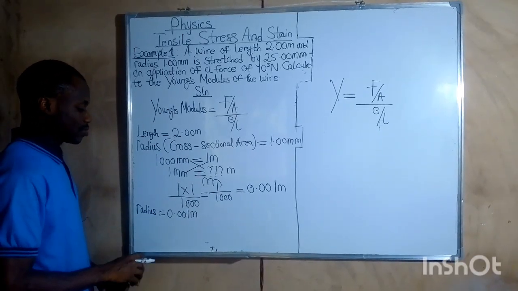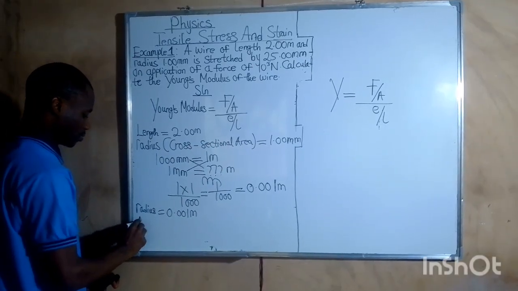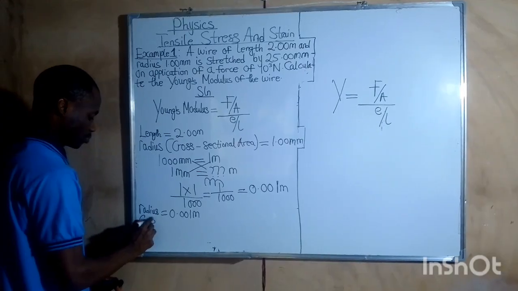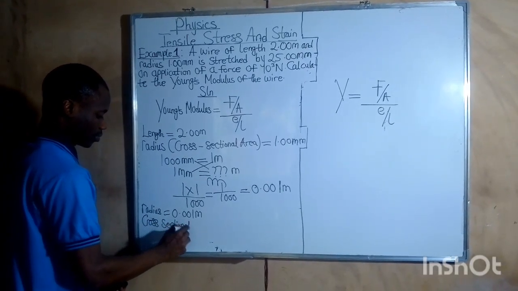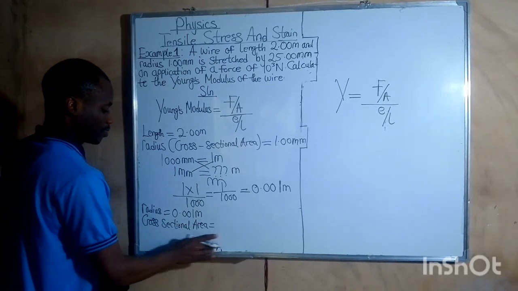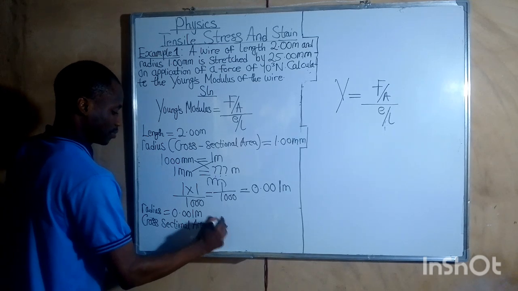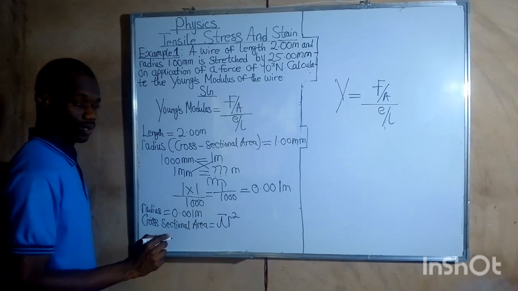Now the next thing to do is the cross-sectional area. The normal formula for area is pi r squared. Are you getting that? Yeah.